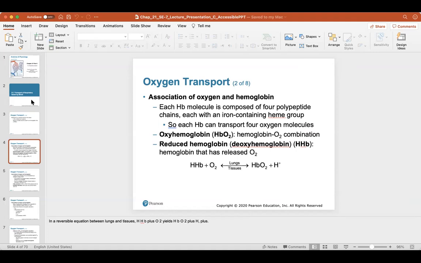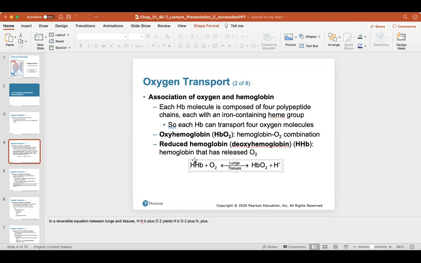We call oxyhemoglobin the hemoglobin-oxygen combination, and reduced hemoglobin or deoxyhemoglobin is when hemoglobin has released its oxygen. So hemoglobin and oxygen get connected together to what we call oxyhemoglobin, and then it's released in the tissues when it dissociates.